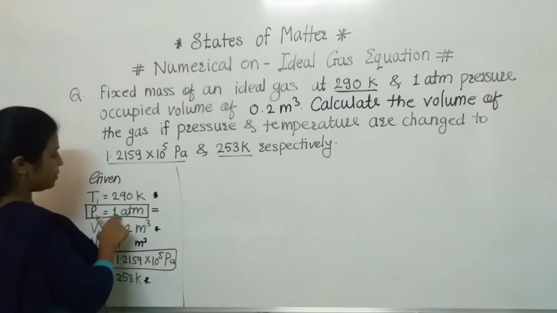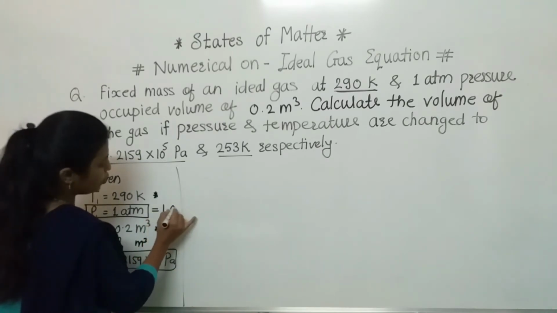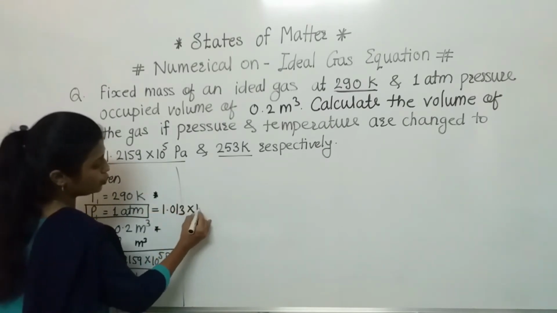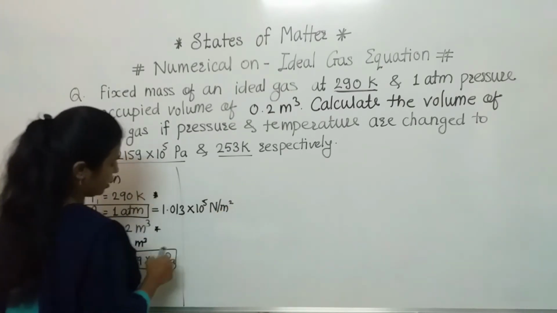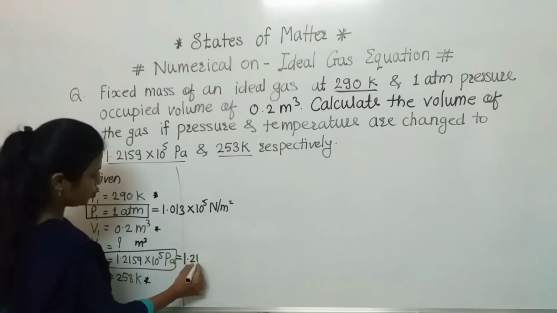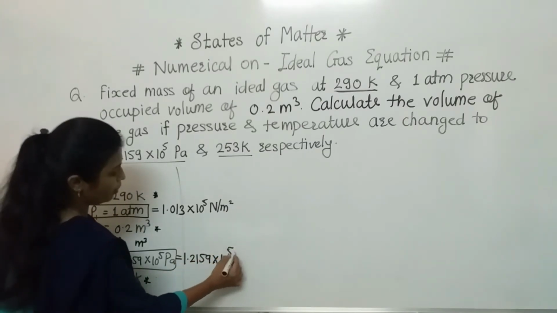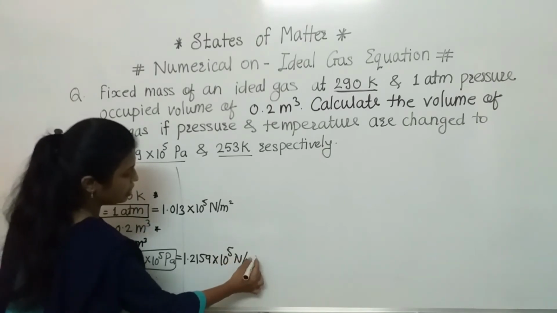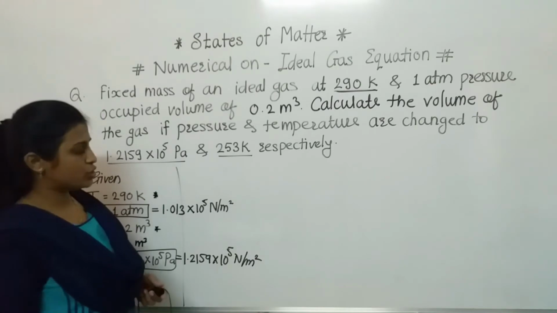For that purpose, 1 atmospheric pressure is equal to 1.0133 × 10^5 Newton per meter square. And here that same value remains as it is, that is 1.2159 × 10^5 Newton per meter square. Simply we can say that Pascal is nothing but Newton per meter square.